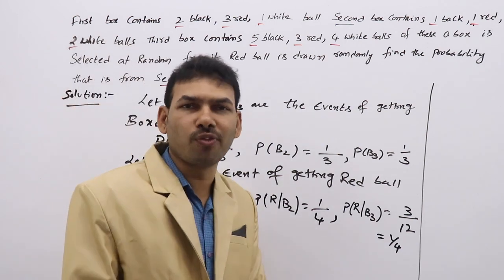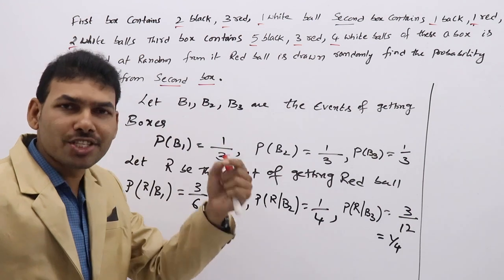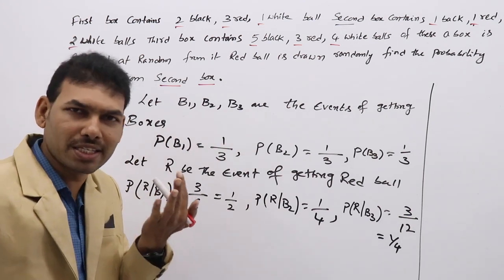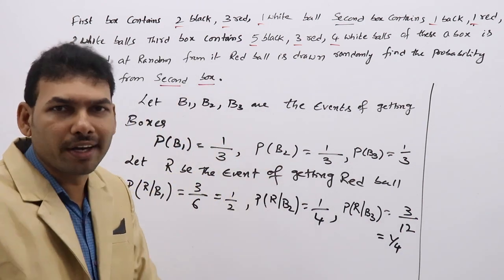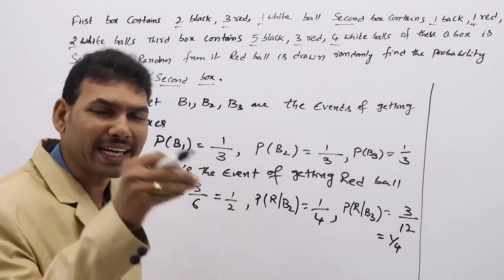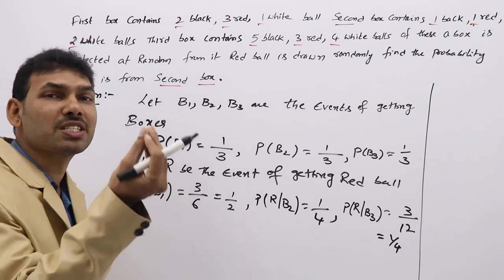Next, what do we need to find? A red ball is drawn first, from any box. We don't know which box. We got that red ball. We need to find the probability that the ball came from the second box. How much probability is there to get it from the second box?